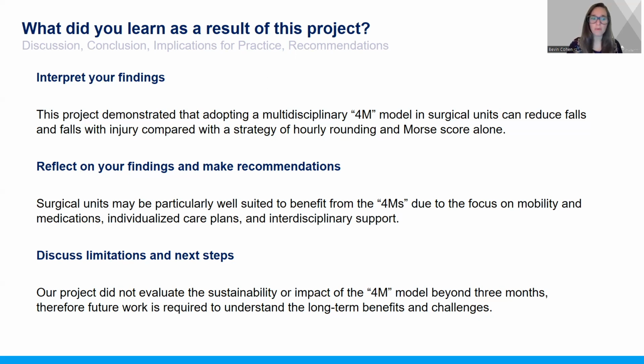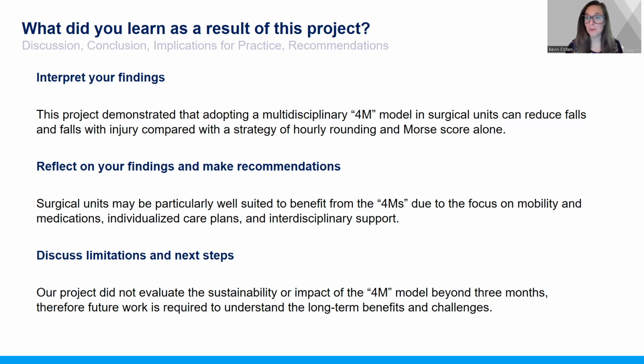Now you want to talk about your limitations and any next steps that you might have for this work. So here you could say something like, your project did not evaluate the sustainability or impact of this 4M model beyond 3 months, right? You only are reporting results for an abbreviated period. Therefore, future work may be required to understand the long-term benefits and the long-term challenges, because again, you're not reporting anything in your results about what happened a year later.